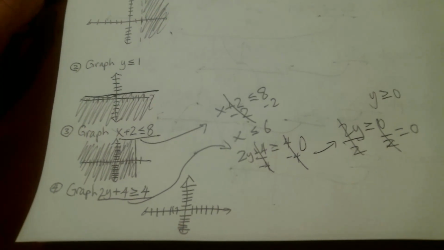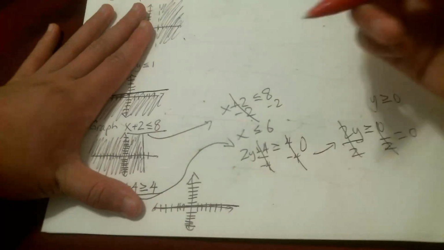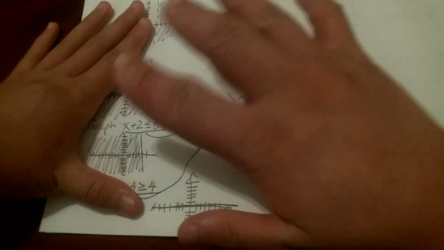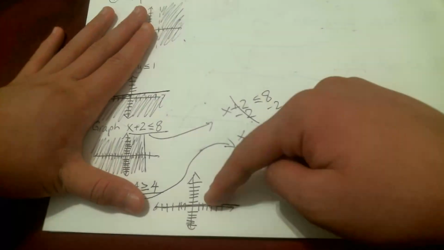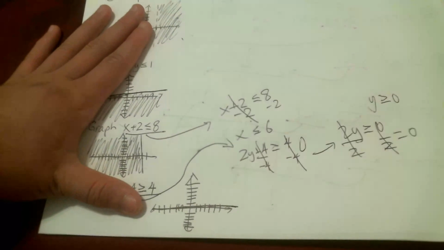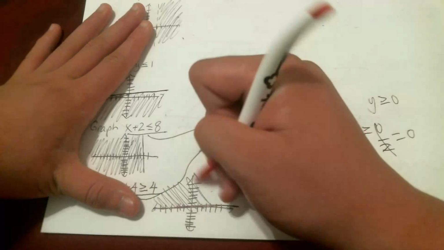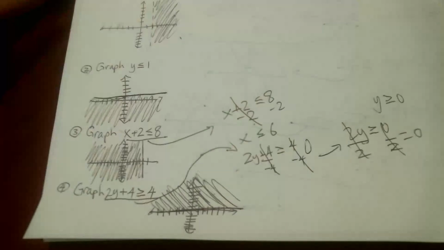So that would mean that we would have a filled in line at the x-axis, or y equals 0, and then we would put it into all the space in the first and second quadrants, which is another way to say that. So it's like this, and this does include the x-axis, which is y equals 0.